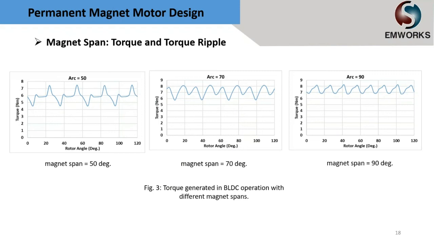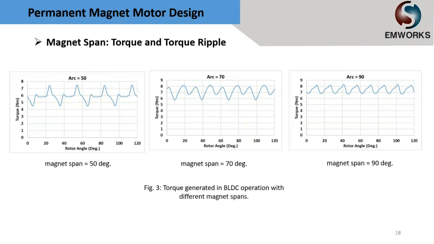You can clearly see that by increasing the magnet span here from 50 to 90, the average value of the torque is increasing. You can see here, for the first one it is around 6, for the second one around 7, and for the last one around 7.5.